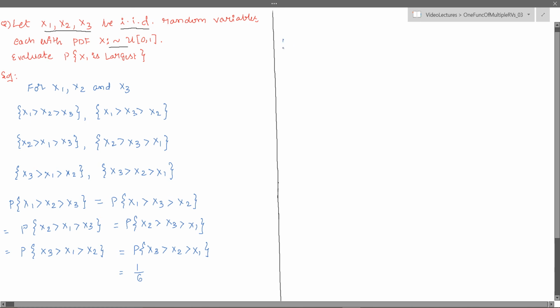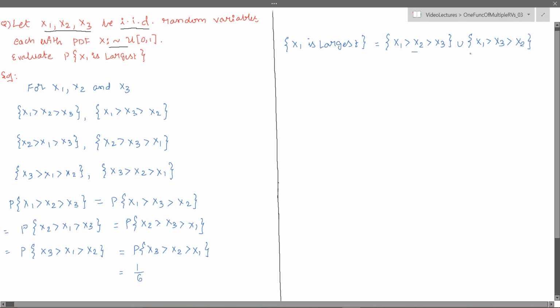Hence, the event x1 is largest is the same as x1 greater than x2 greater than x3, or x1 greater than x3 greater than x2.